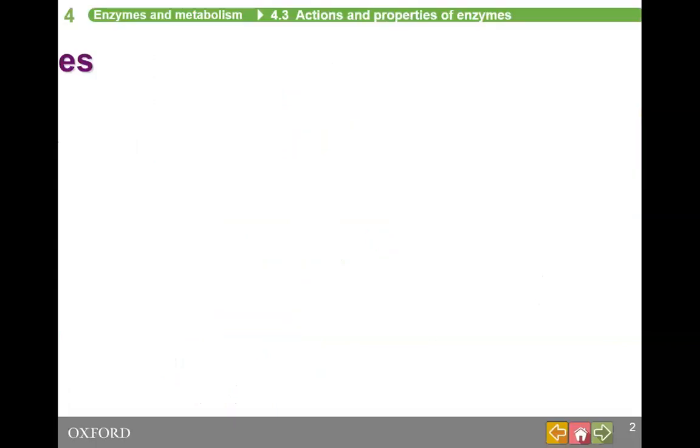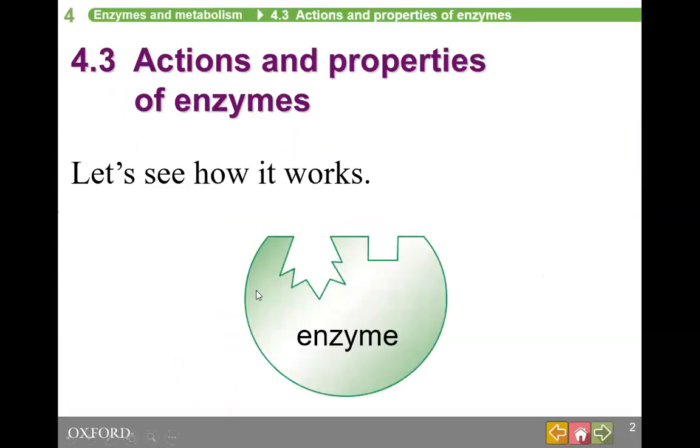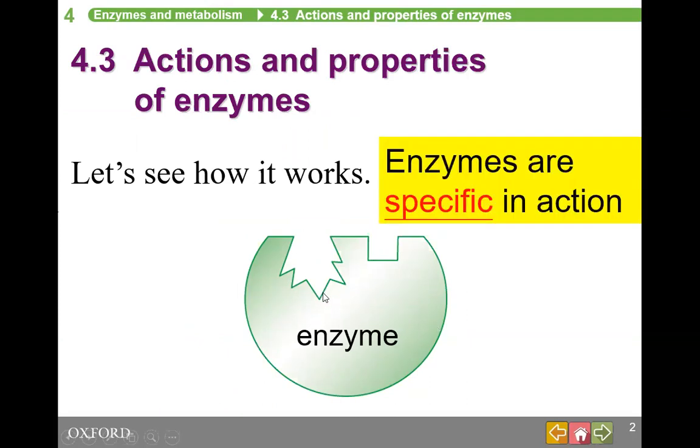OK, so now let's move on and we'll look at how do enzymes work. OK, so suppose this is an enzyme。假設呢一個就係一個生物酶。OK, and actually the enzymes are specific in action. That means they can only catalyze one or a few types of chemical reactions.